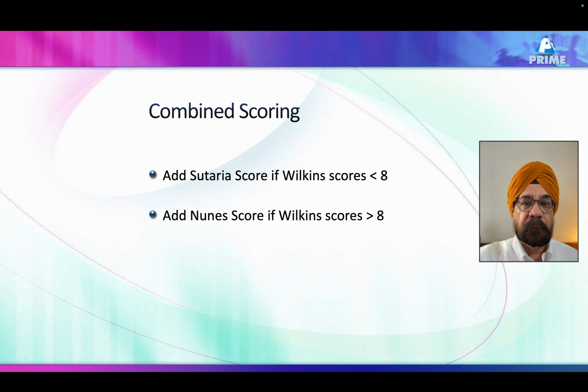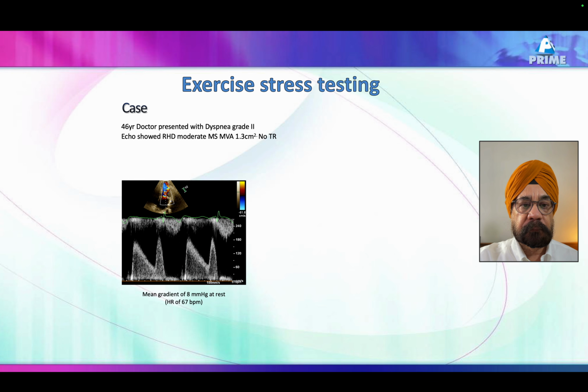So if you do a combined scoring, you should use the Sutaria scoring system for calcification if the Wilkins score is less than 8 and there is some calcification, and this score should be used in case the Wilkins score is more than 8 and you are still attempting to open the mitral valve by balloon mitral valvuloplasty.